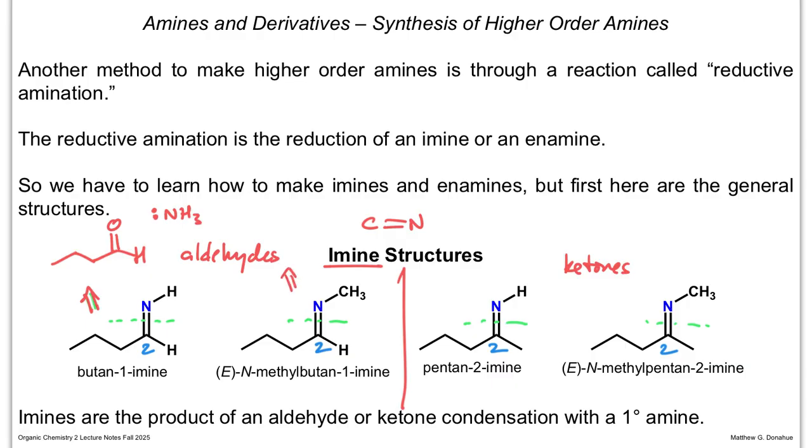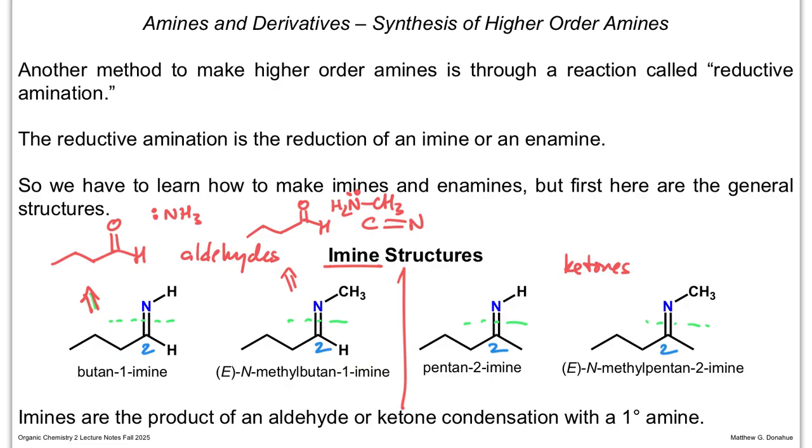This second one has been condensed with methylamine. So the difference is, see the H versus that? Nothing happens there, but the nitrogen has to be primary, because we're losing the oxygen and then those two hydrogens.